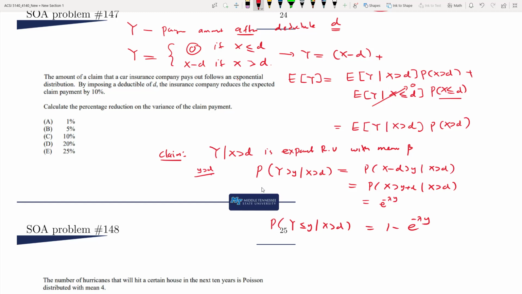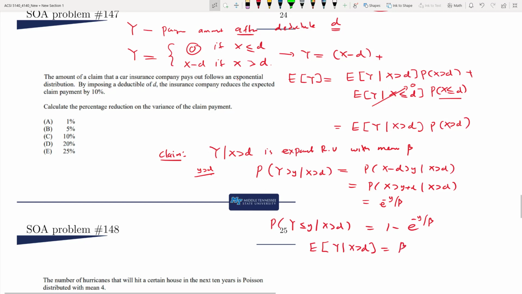Wait a second, here I should write not lambda y, because I'm using the parameter beta. So the expected value of Y given X more than d is going to be beta.